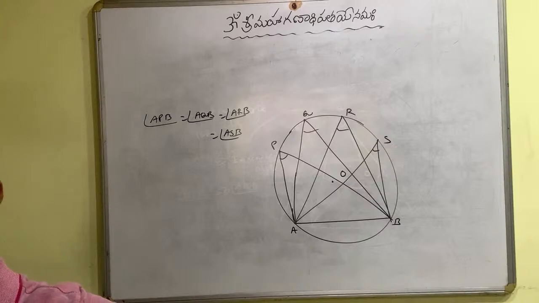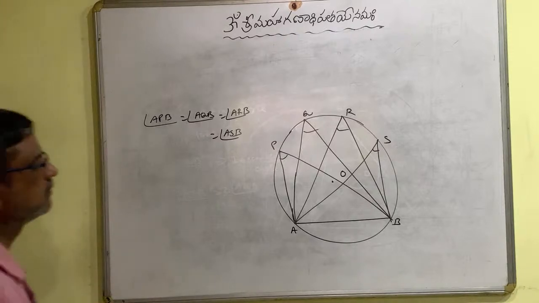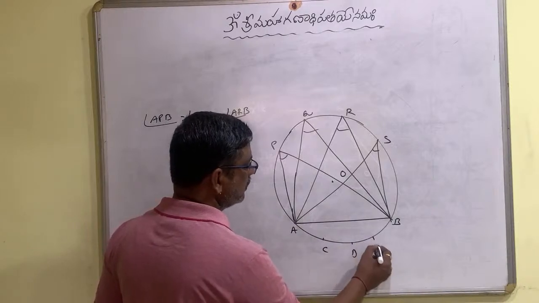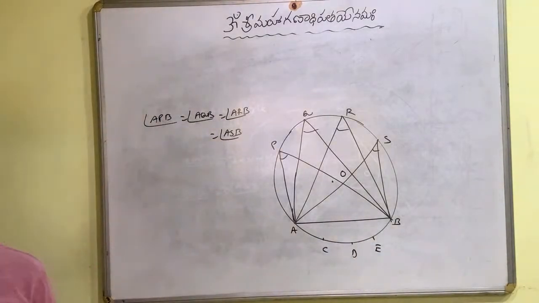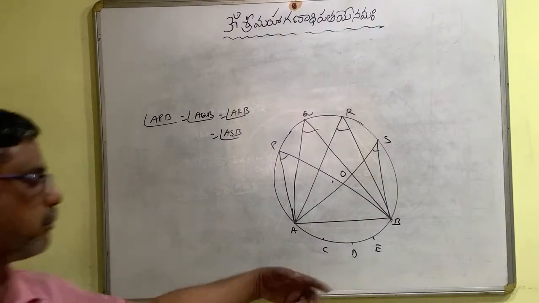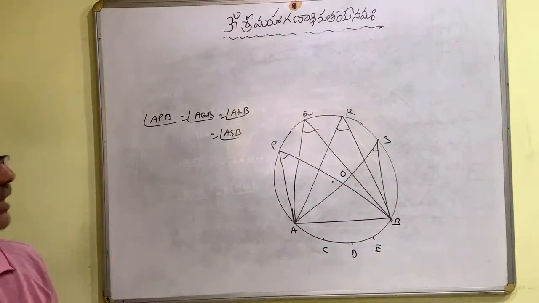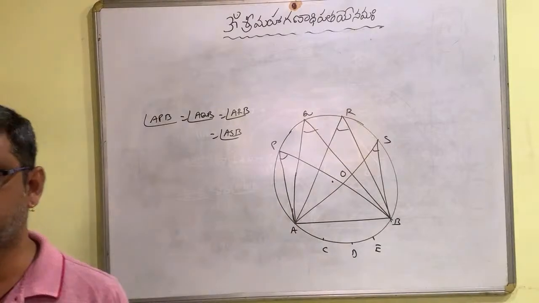Angles subtended by the same chord. All the four angles are subtended by the same chord. Okay na? Now, sir, if we take three points on the minor arc, a student asked me a question like this: sir, you have taken 4 points on the major arc and you are saying that all these 4 angles are equal.